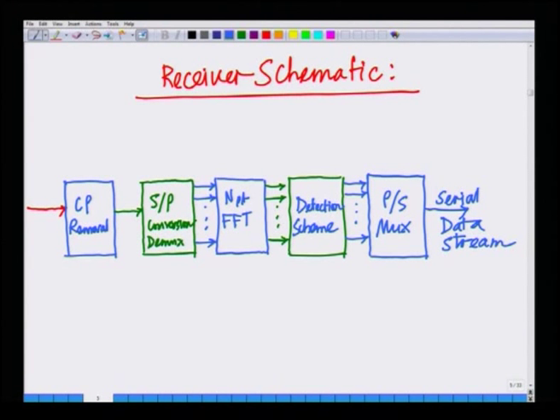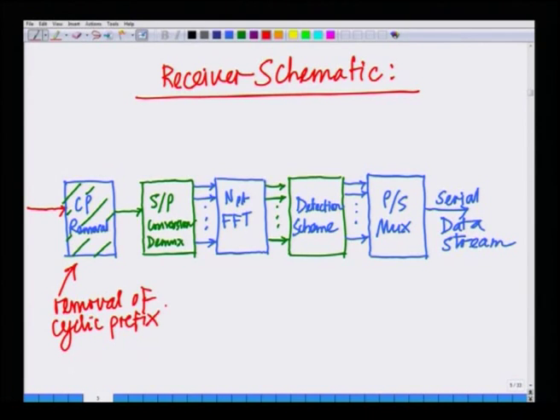And there are two new blocks which we haven't seen before. One is this cyclic prefix removal. This block is the removal of the cyclic prefix as it is subjected to ISI.